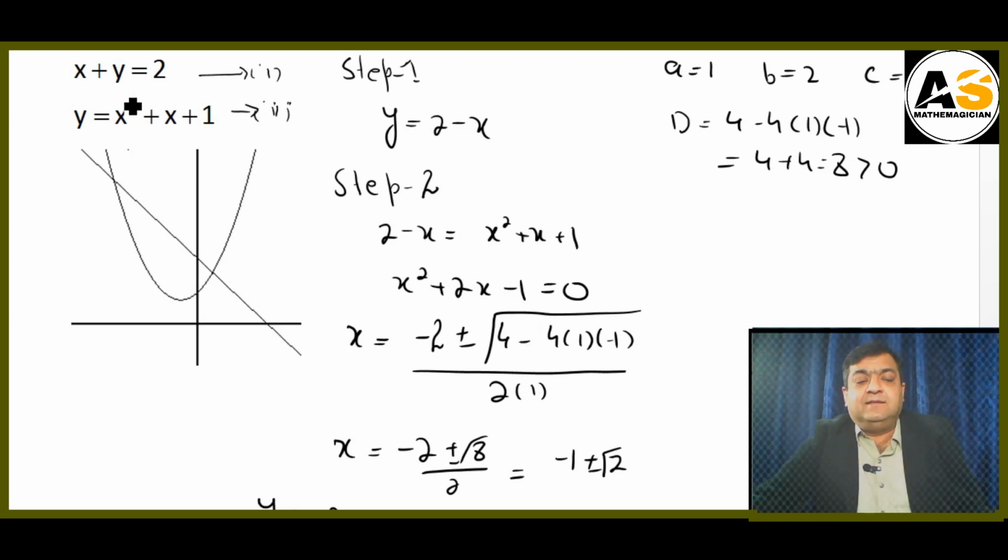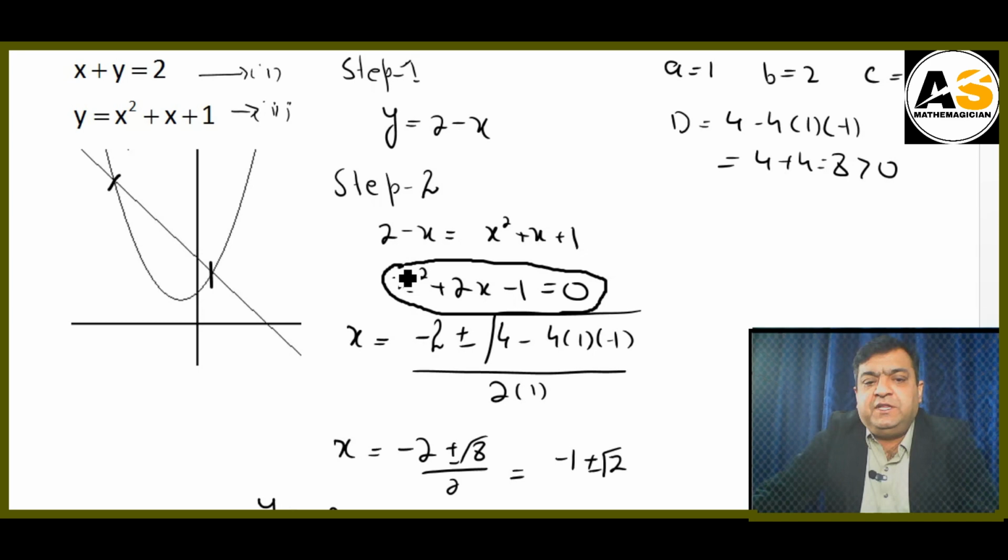This means that this line intersects the graph of the quadratic polynomial at two different points, as is obvious from the graph. So we conclude that in order for a line to intersect another curve at two different points, the discriminant of the quadratic equation obtained during the solution process must be greater than 0.